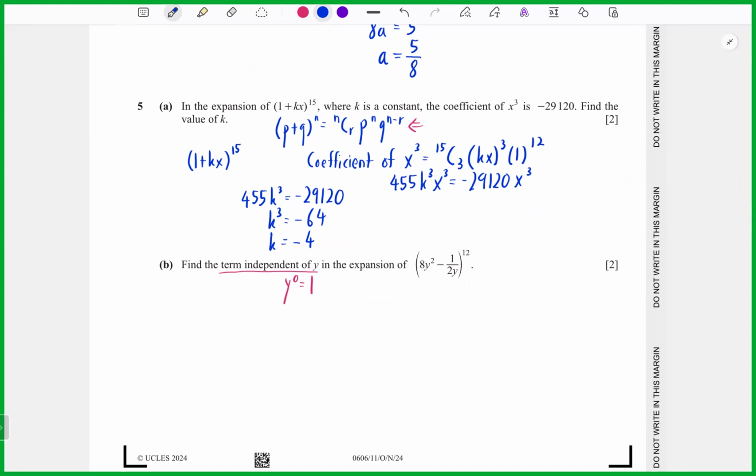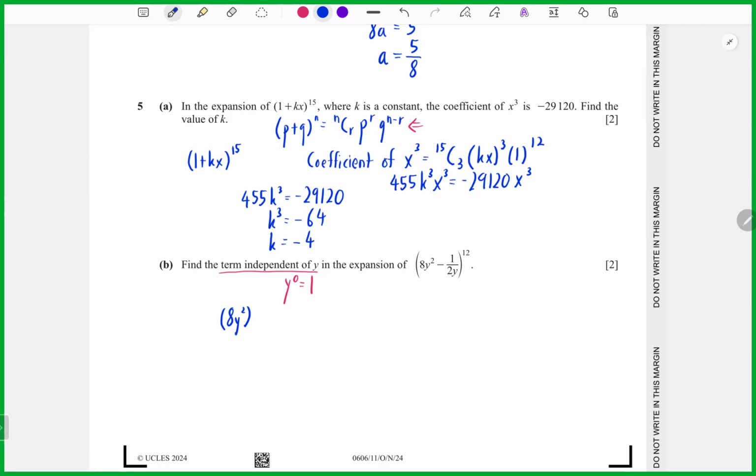So I put 12Cr, (8y squared) power 12 minus r, and (negative 1 over 2y) power r. Oh, I wrote it wrong here. Actually it's not n, sorry.